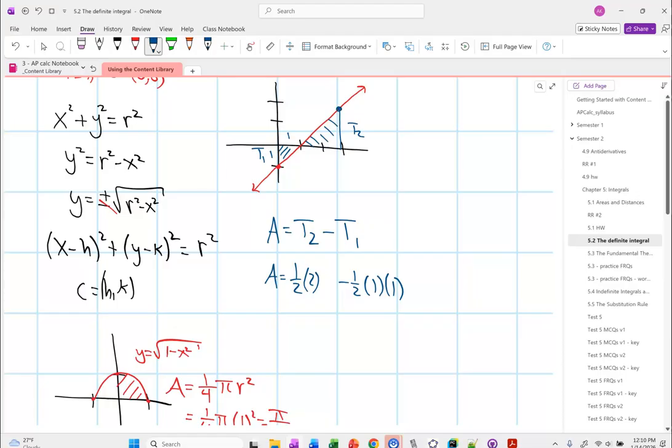How do I know that? Because the function is x minus 1, so the y coordinate should be 3 minus 1, right? So the total is 1.5. Everybody okay there?